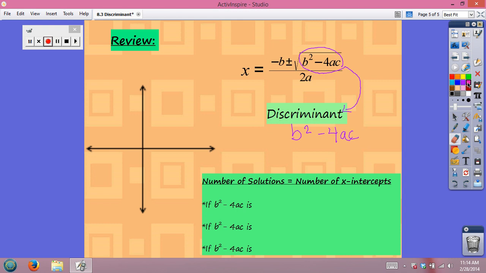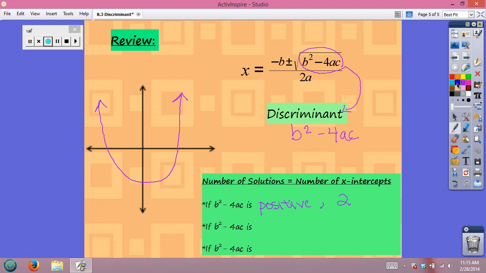So let's remember that if our discriminant is a positive value, we get 2 solutions. If our a is positive and our discriminant is positive, our graph is going to look something like this. I'm going to use another color.